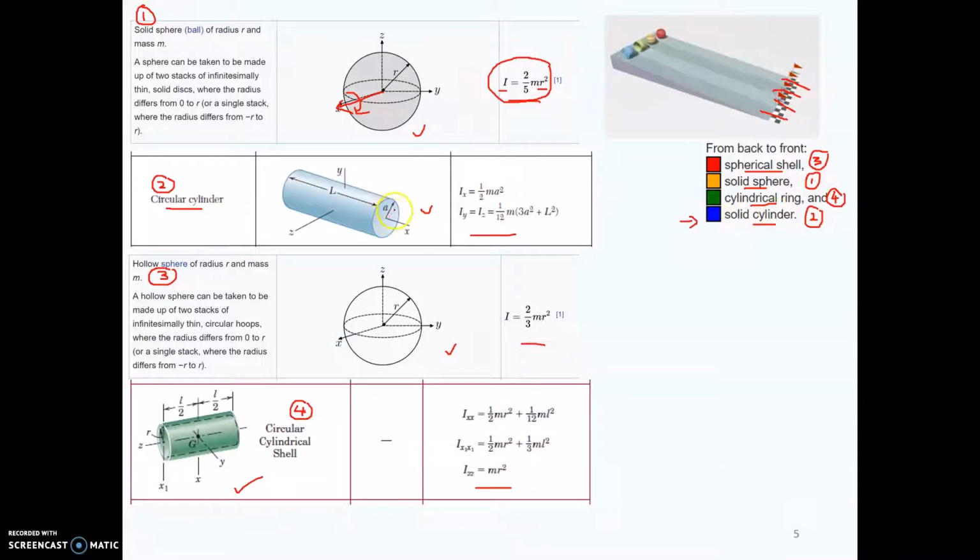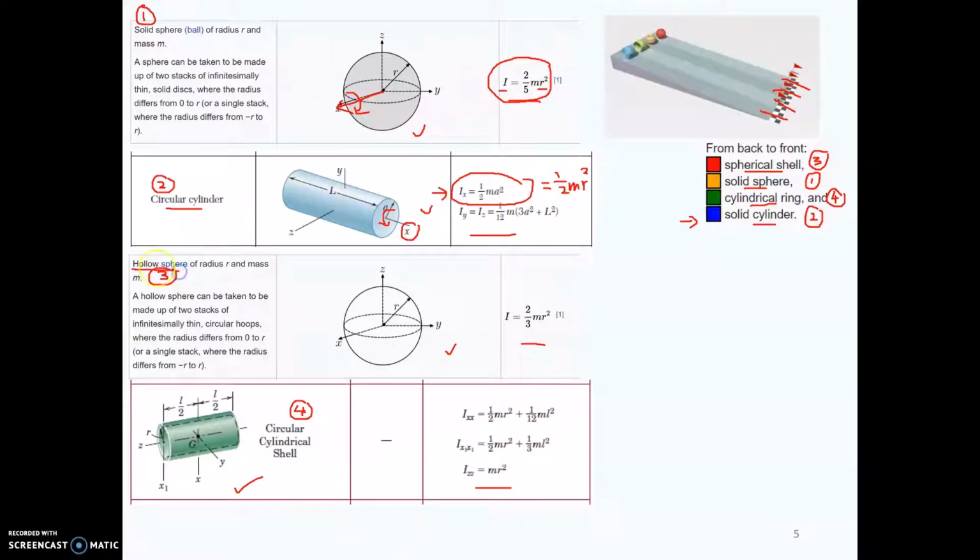Since the object is rotated in this direction, we need the mass moment of inertia in the x direction. It is equal to 1 divided by 2 multiplied by the mass and A squared, where A is the radius of the cylinder. Let's change the radius A to R for ease of comparison.